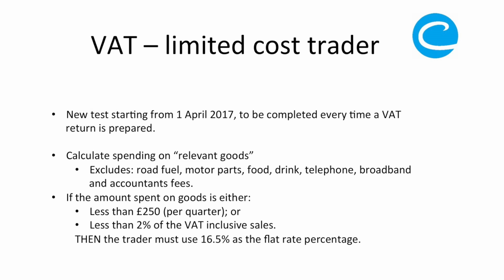In order to apply this test for the quarter, if that's your VAT period, you have to calculate the amount spent on goods for the quarter. If this is less than £250 in the quarter, or less than 2% of the VAT inclusive sales, then you must use a 16.5% flat rate percentage in your calculation.